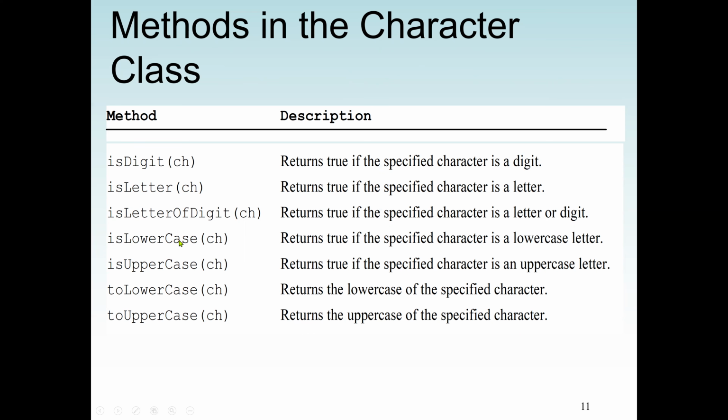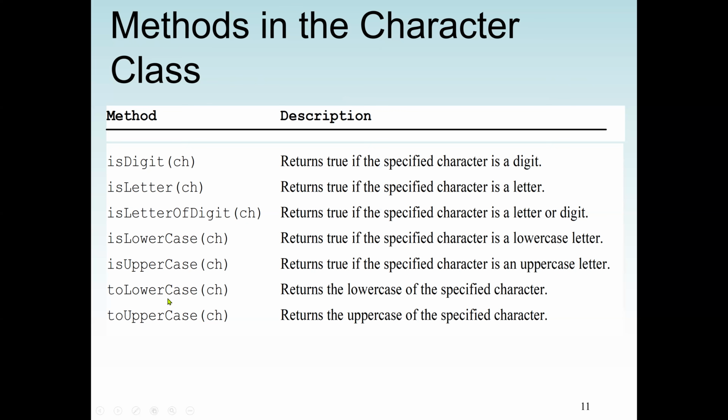We also have isLowerCase, which will return true if the character is lowercase, and isUpperCase, which will return true if the character content is uppercase. Again, our ch here is the variable that carries the content of the character. So this is a character data type variable.